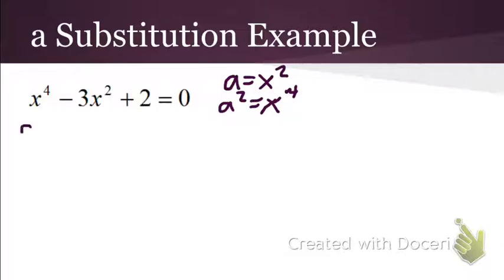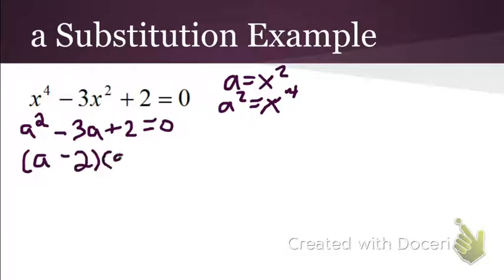So now I could take this equation and rewrite it as a squared minus 3a plus 2 equals 0. Then I could just solve it like a quadratic by factoring, and then I'm going to take this x squared and plug it back in for a.